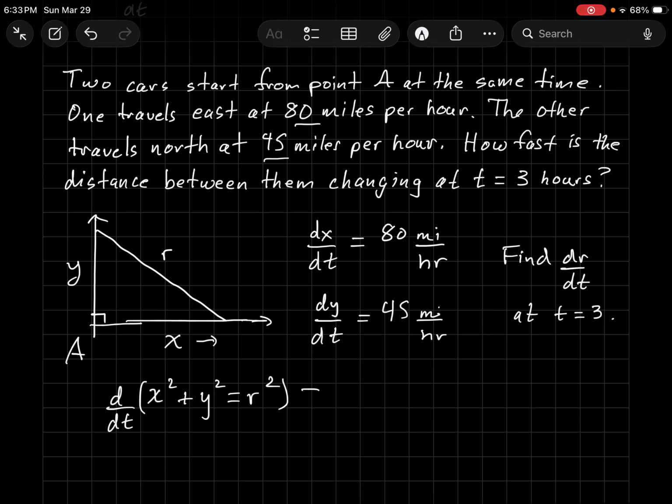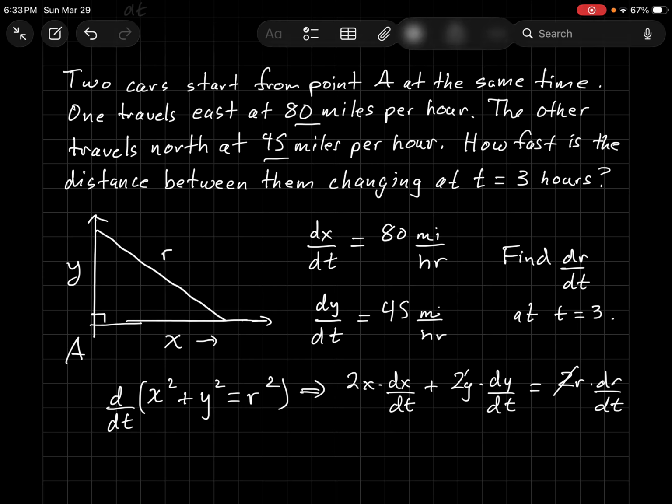And we're going to chain out all of our variables. So we get 2x times dx dt plus 2y times dy dt equals 2r times dr dt. I will get rid of the 2's just to make it a little simpler.